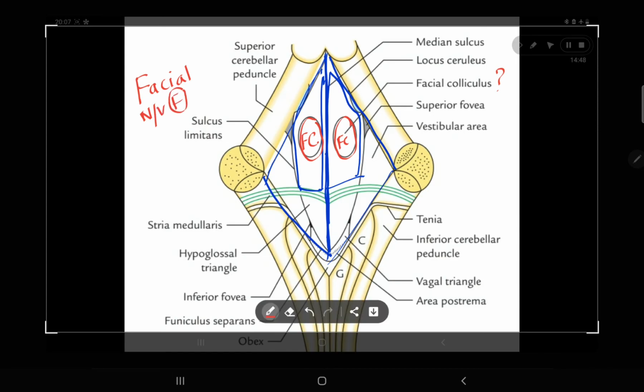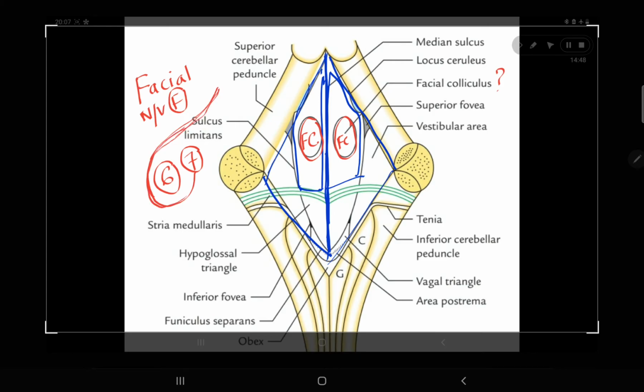Okay, so your facial nerve fibers are forming an arch around the sixth nerve nucleus. This is your sixth nerve nucleus, and this is your seventh nerve nucleus. Your seventh nerve, or facial nerve, arches around the sixth nerve nucleus, and during this arch formation one elevated portion is formed on the floor of your fourth ventricle.